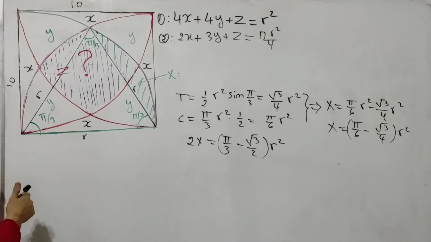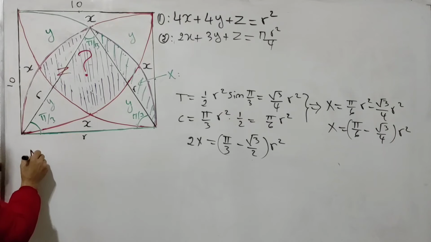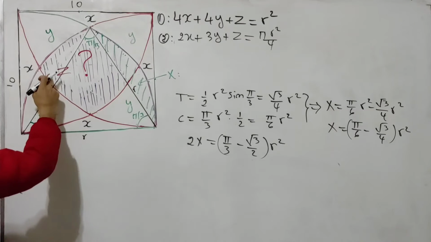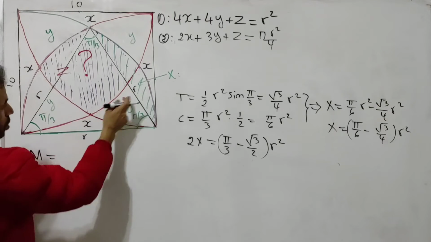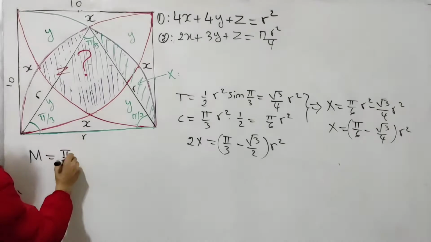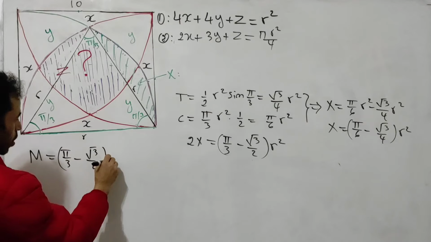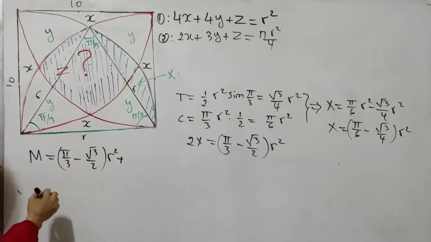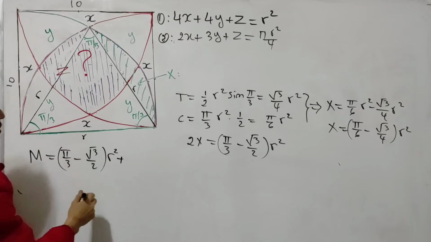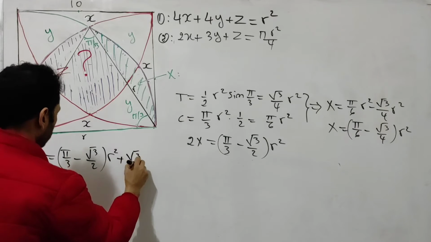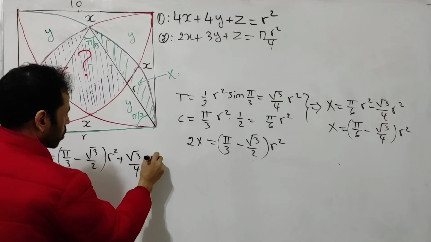The area of this parabola, let's call it a capital M, equals the area of this x, which is 2 times x, this one and this one, which is pi over 3 minus square root of 3 over 2 multiplied by r square, plus the area of this triangle, which is square root of 3 over 4 r square.